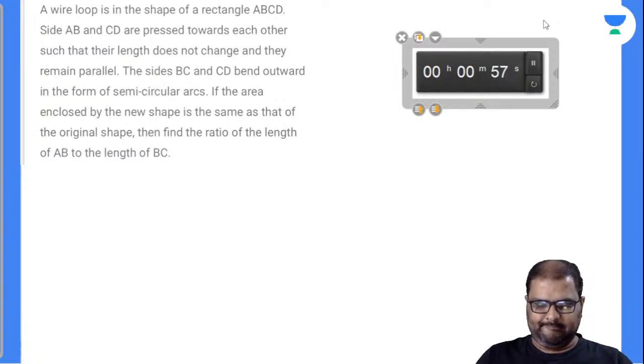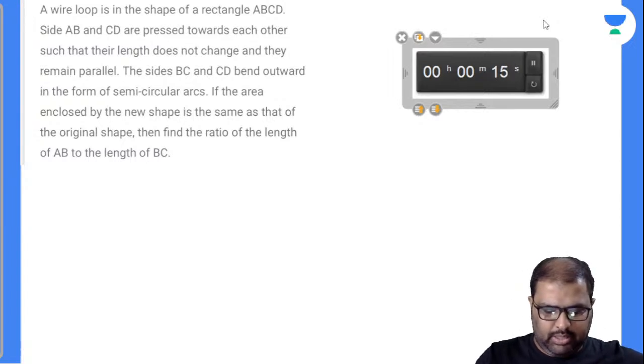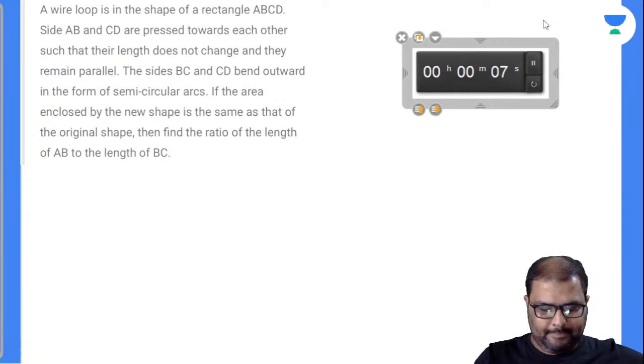A few seconds more. Srinivas, Preet, suddenly everyone has gone silent. No answers.